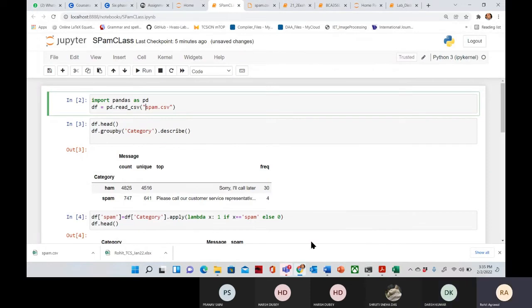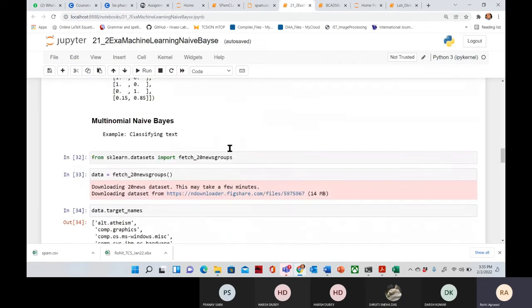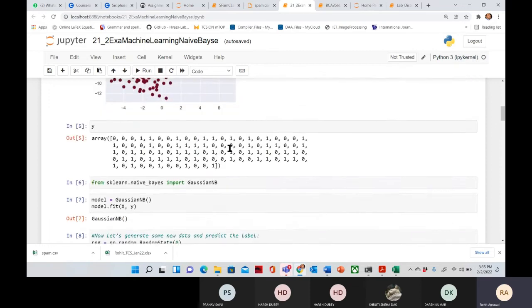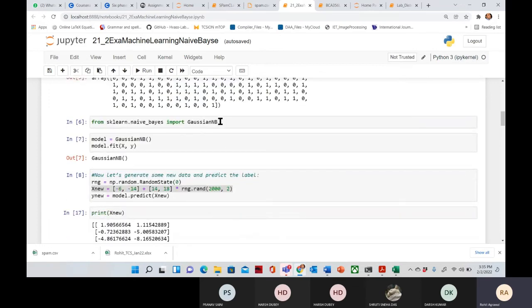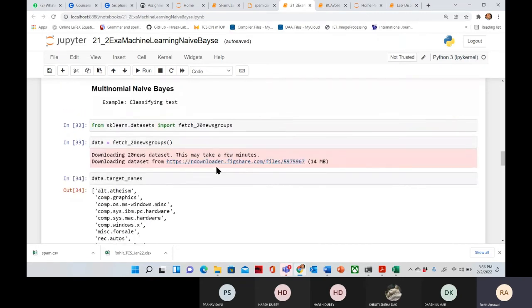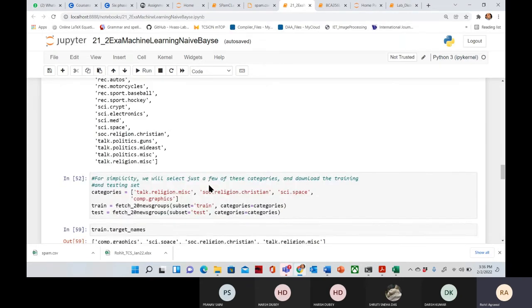Yes, sir. So first, there is a Gaussian Naive Bayes classifier, but we need to use a multi-dimensional Gaussian Naive Bayes. I think it is available from sklearn.naive_bayes import GaussianNB. So the Gaussian Naive classifier is there, and one more classifier is also there for multi-class classification, I think.